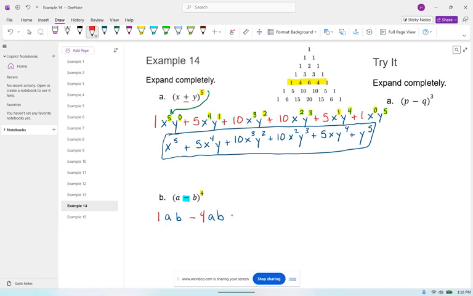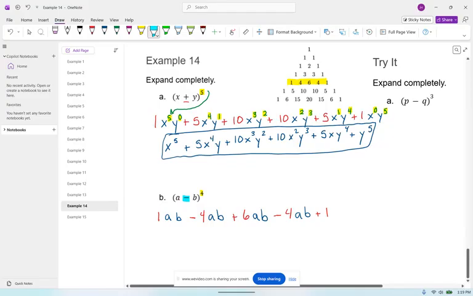Third term is going to be positive, so plus 6ab. Next one's going to be negative, minus 4ab, and then plus 1. So we have minus, plus, minus, plus. So that's the way we think about this as we go through it.